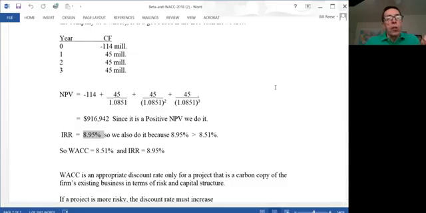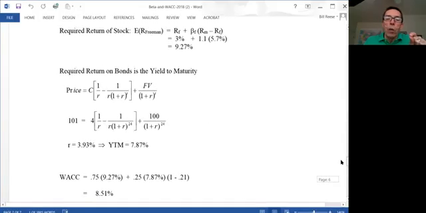Now, what you need to understand on this, okay, and this is a subtle point, but it's a very important one, is that if this project makes more than 8.51%, it means that we are giving the bondholders exactly what they require, 7.87%. We're not giving them 8.51%.